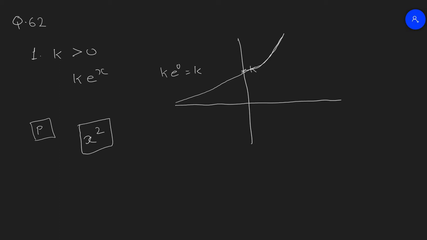If you draw the graph of x square, it may look somewhat like this. So it clearly touches at a point, say x naught. So k e to the x naught is equal to x naught square, that is p of x naught. So it satisfies.